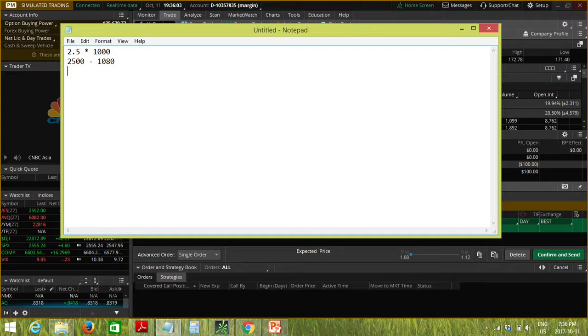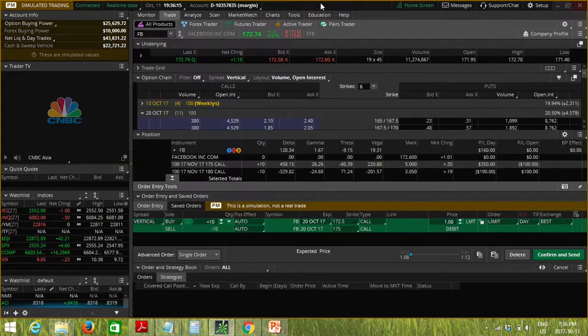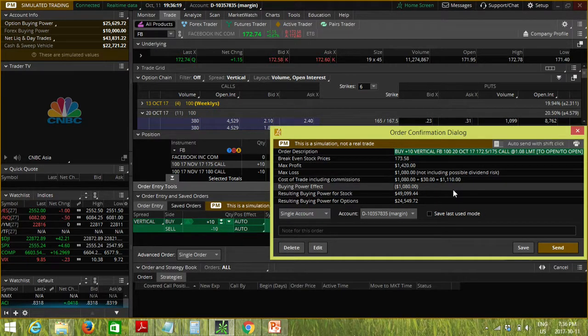So that's going to give us what? 1,420. So that is our max profit on here. Okay, so I don't really need to do that because this will calculate it for me on here. So there we are. Shows you right there. Max profit 1,420. Max loss 1,080.